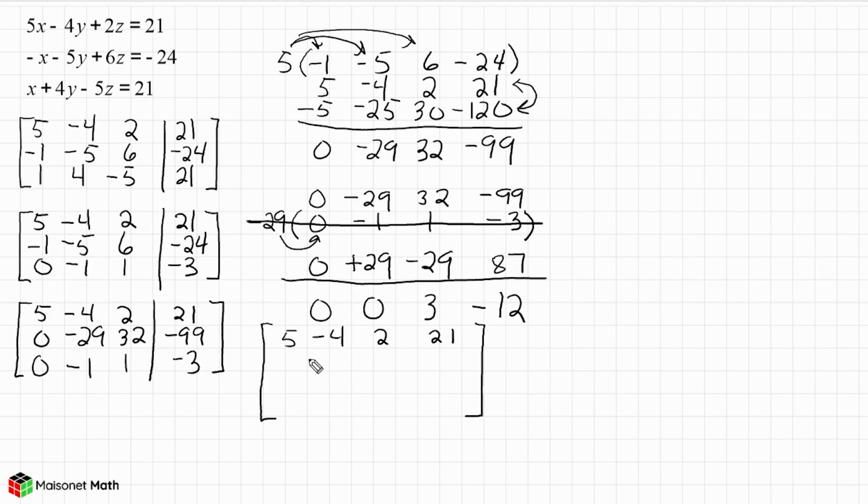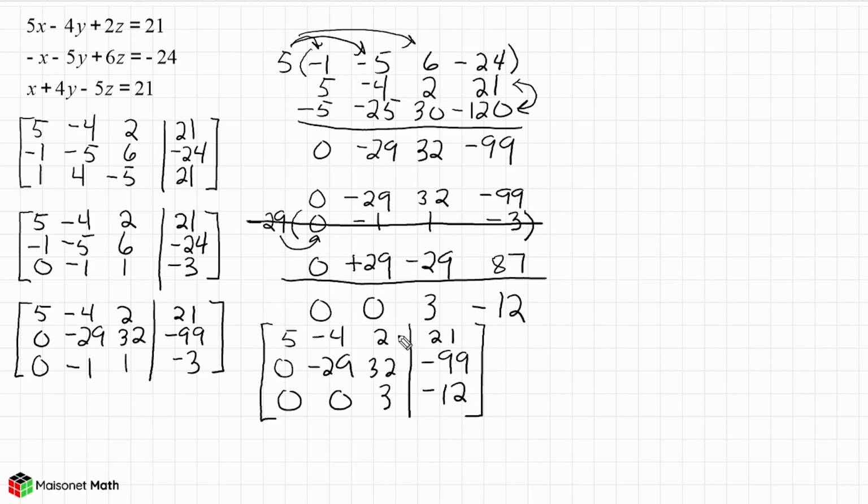And now we're going to take the second set of numbers and write that, which is 0, -29, 32, and -99. And now we're going to take this new set of numbers and replace it with this set of numbers. So we have our 0 for the x, a 0 for the y. The coefficient of z is going to be 3. And we write -12 right here.